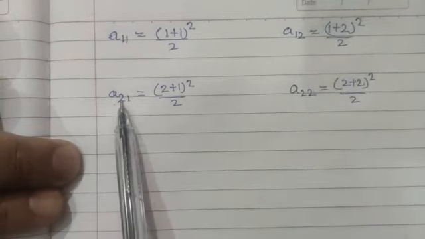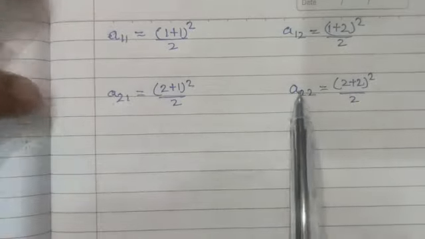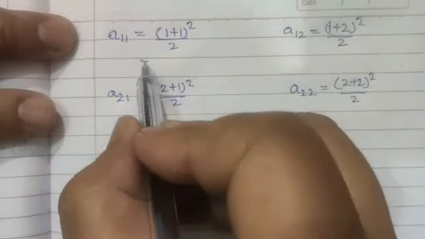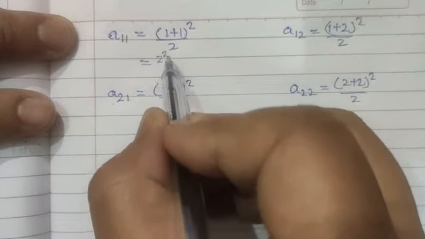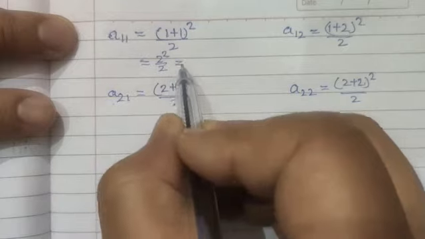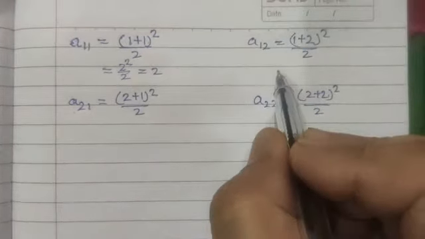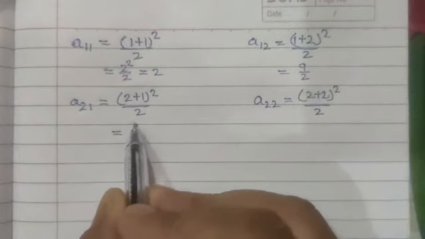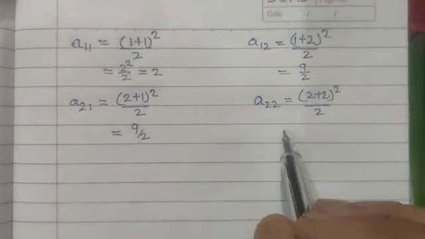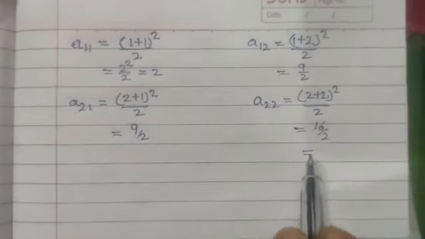Here i is 2 and j is 1, and here i is 2 and j is also 2. Now 1 plus 1 will be 2, square of 2 upon 2, and that will be 2. Here the square of 3 will be 9 by 2, and here the square of 3 will be 9 by 2, and the square of 4 is 16 by 2, and that is 8.